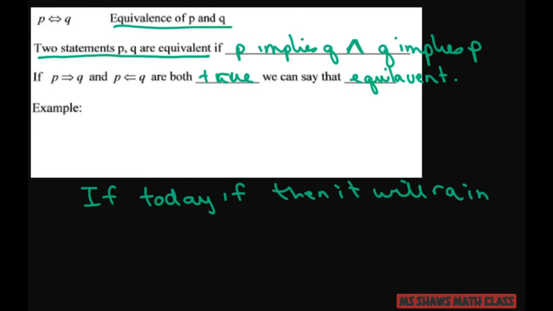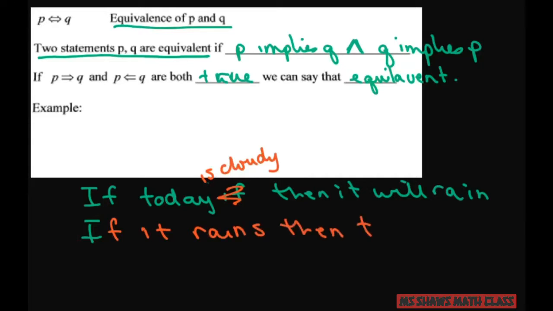Then we could say, if it is cloudy, then it will rain. Then you say if it rains, then today is cloudy.